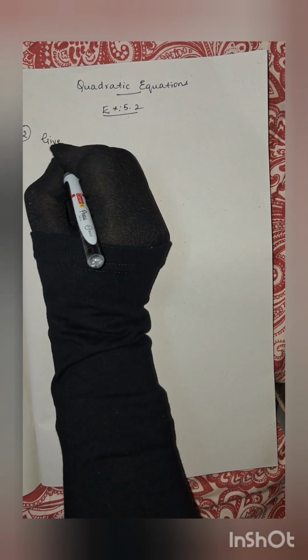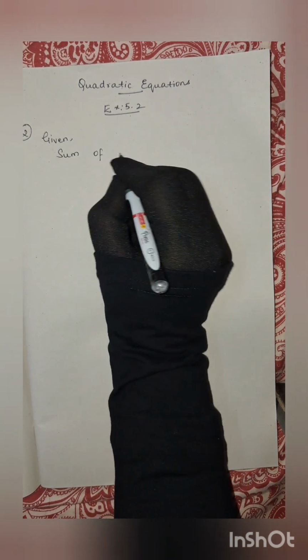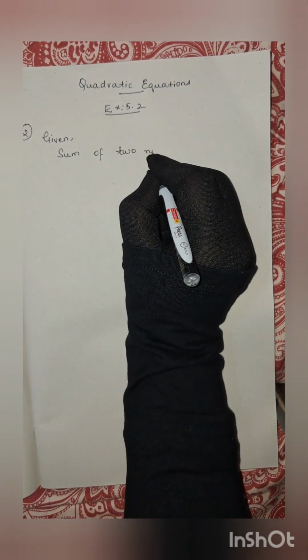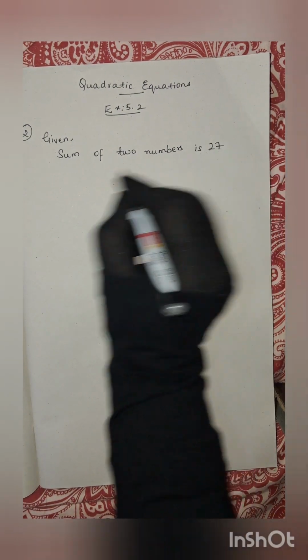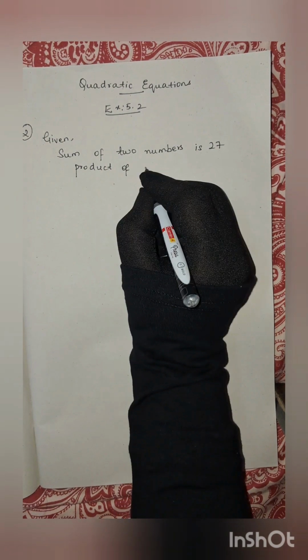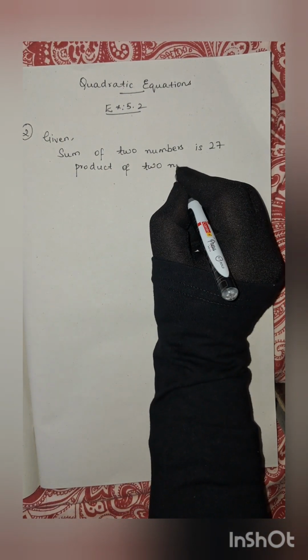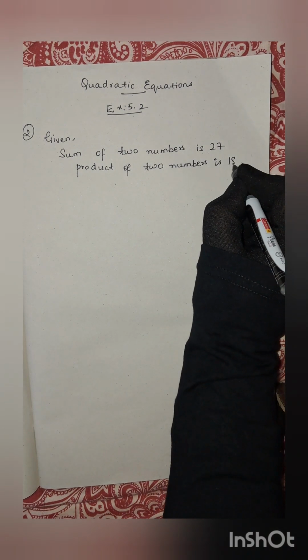Okay, so given, the sum of two numbers is 27 and the product of two numbers is 182.